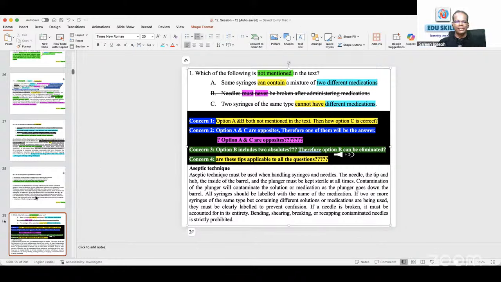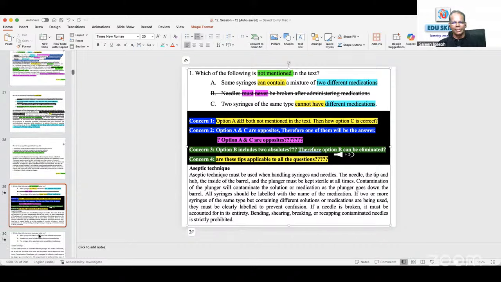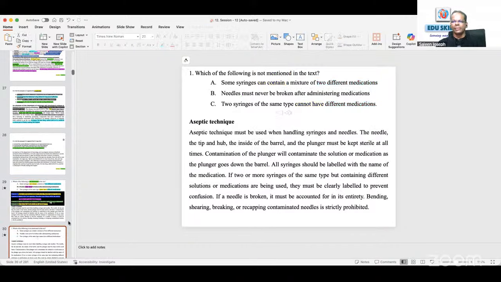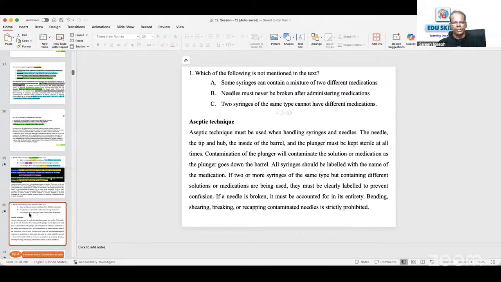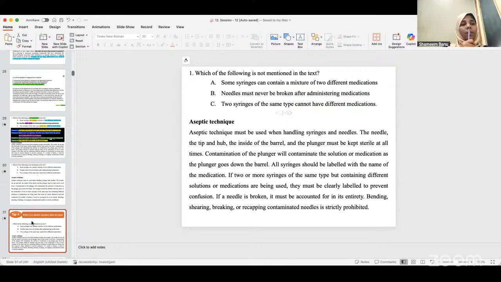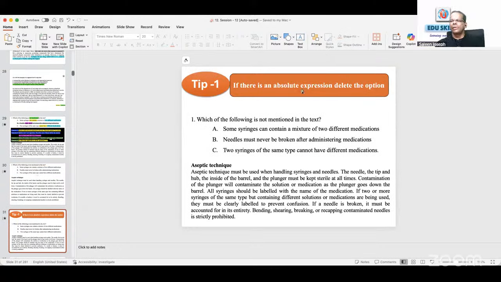So how many strategies are being used here? We'll check. Okay, let's check here. Tip 1: if there is an absolute expression, delete the option. We have done it, right? Yeah. This has got two absolutes, so we have eliminated it.